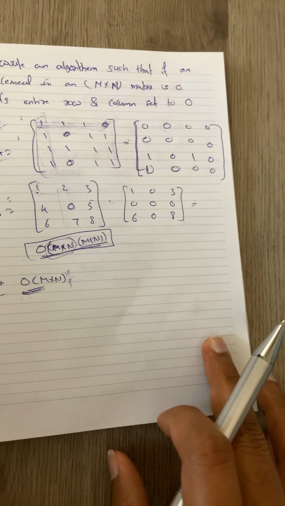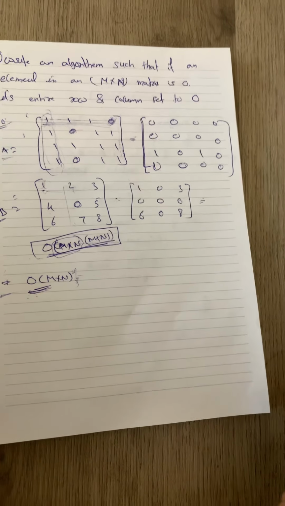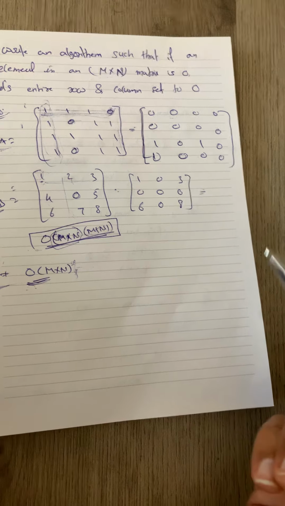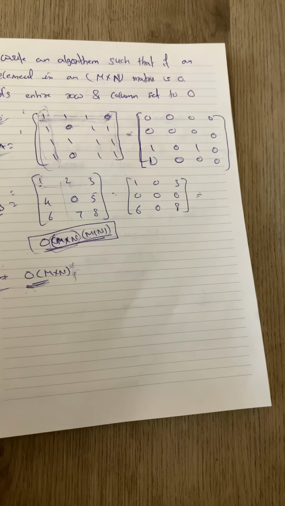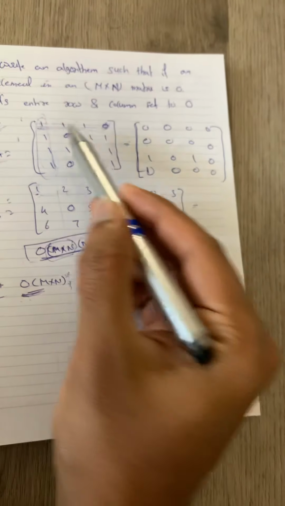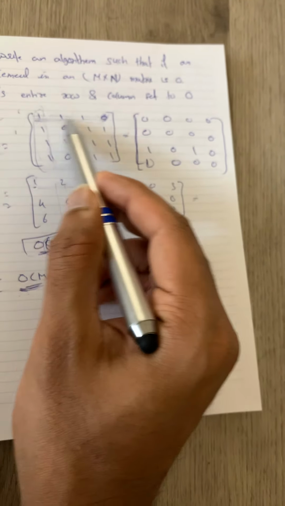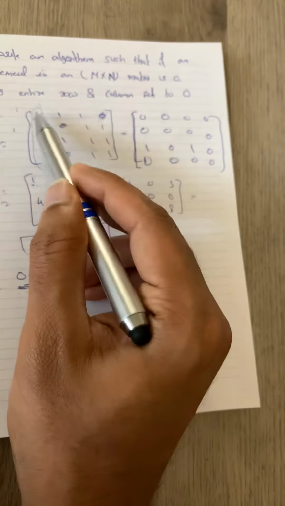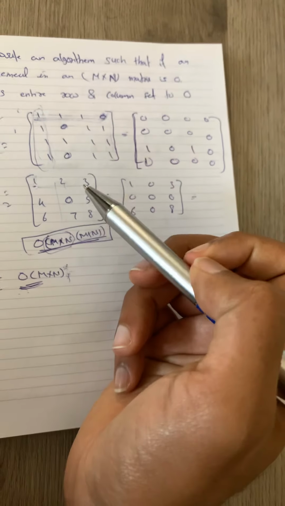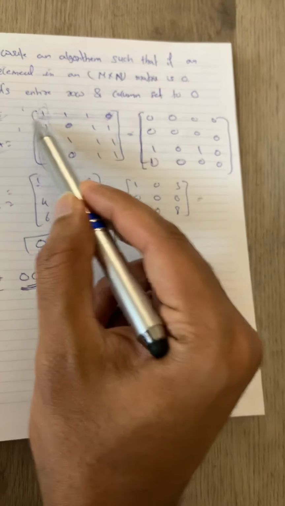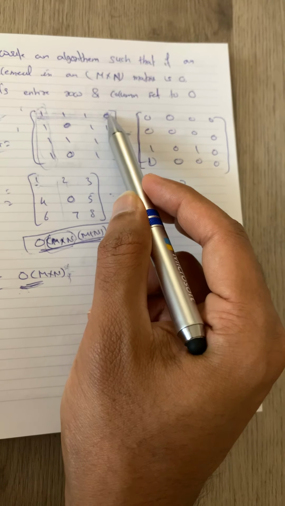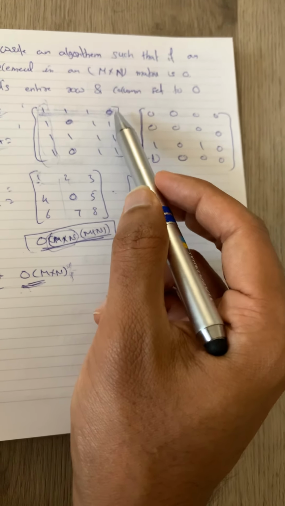As soon as I see this problem, what I could think of is to have a variable that represents the whole row, and another variable that represents the whole column, and loop through all the elements to see if there are any zeros.